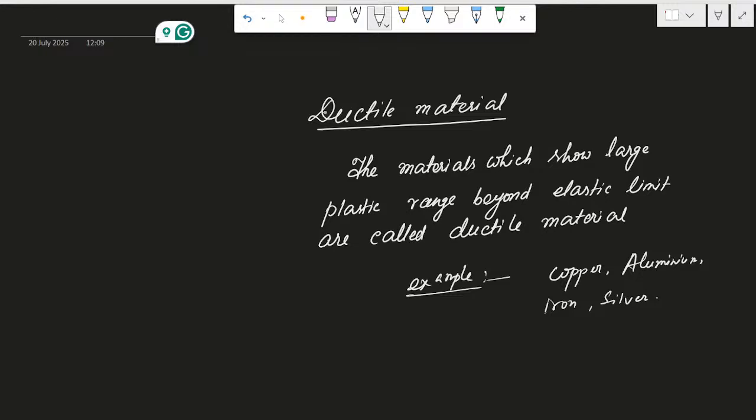And another material is brittle material. Brittle means, you can understand, those are hard, but they can break very easily. They don't have that much of a plastic range, like cast iron.